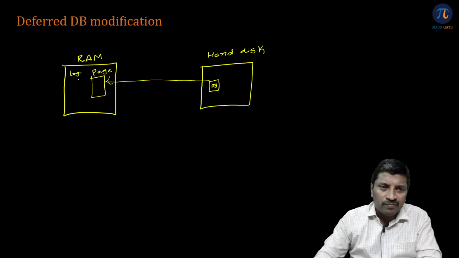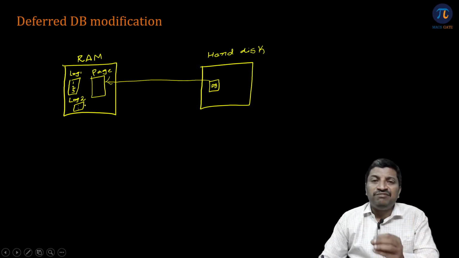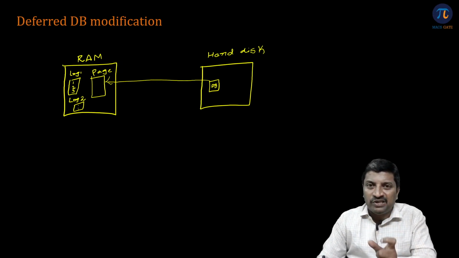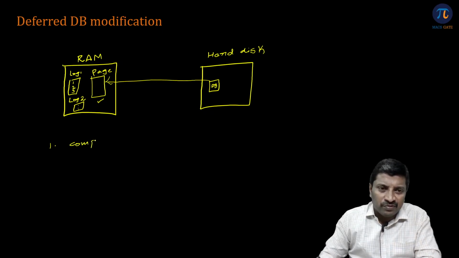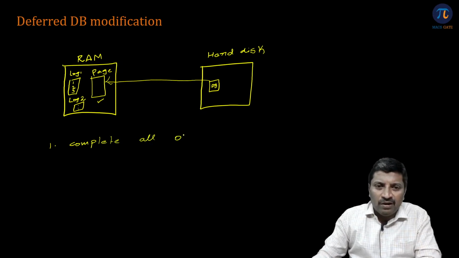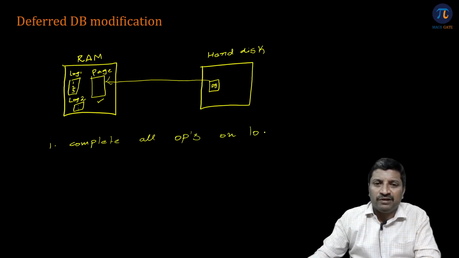Then I complete all the 100 instructions in this place. Maybe it may need one more log file. But if I cannot complete all the 100 operations, I don't start working on the main page. So the first step is to complete all operations of the transaction, all operations on the log file.